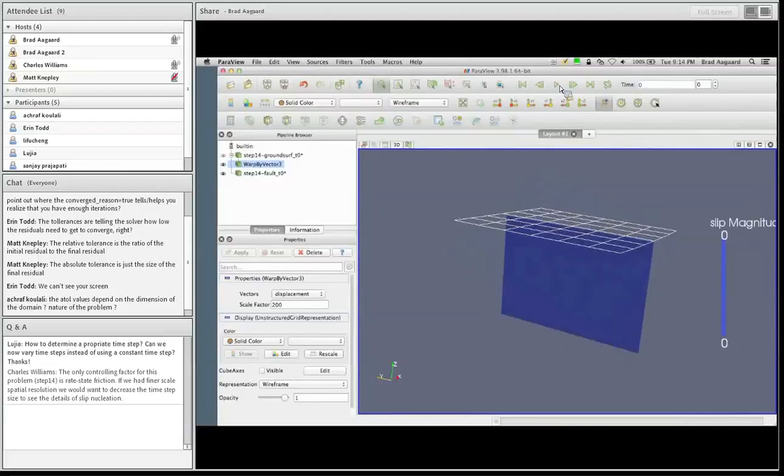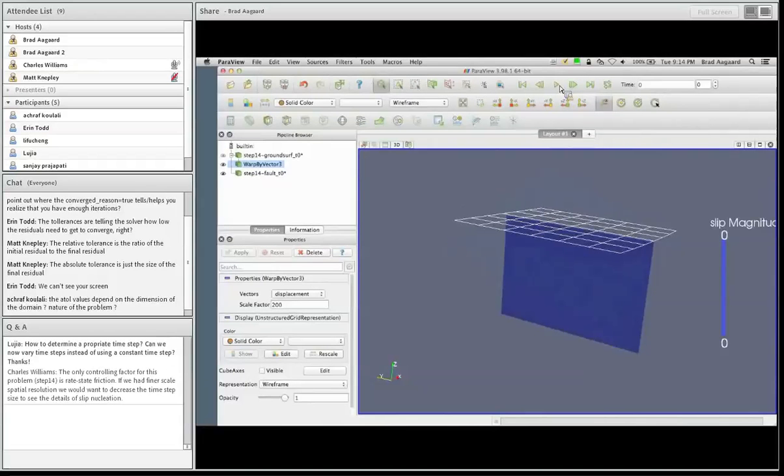So if you've non-dimensionalized things reasonably and consistently, then you don't need to change your solver tolerances. If you do start changing your spatial resolution or discretization size, then you may need to adjust your solver tolerances.